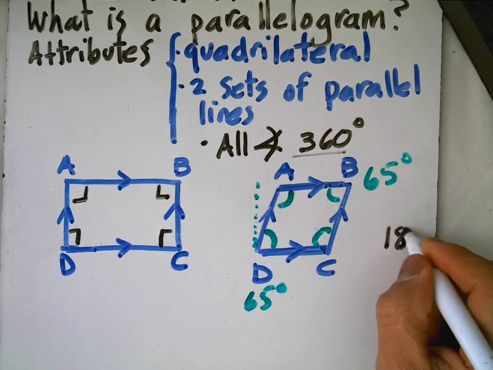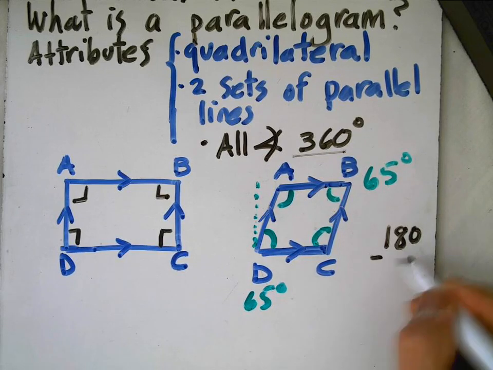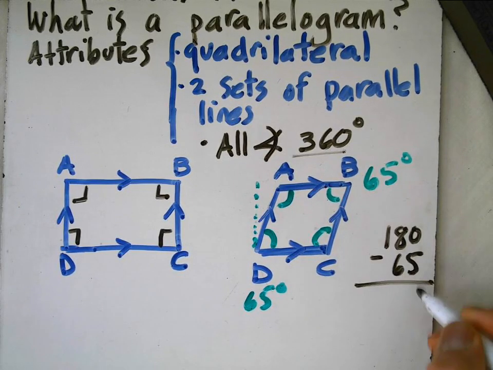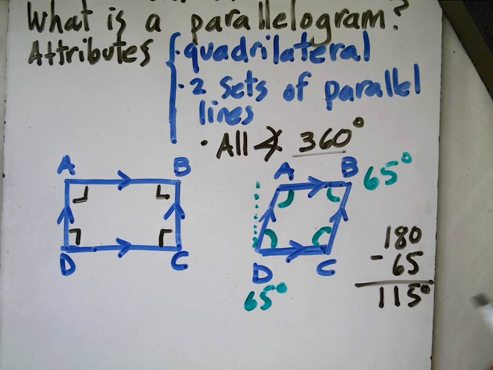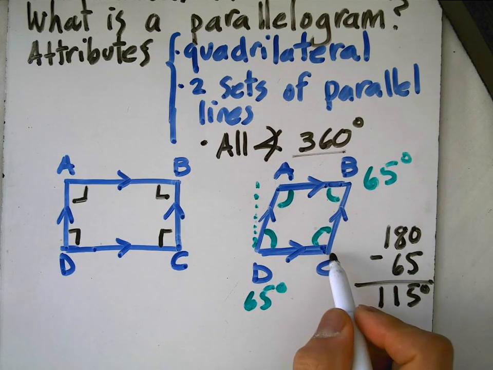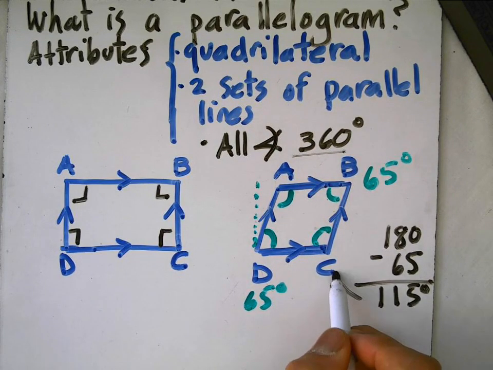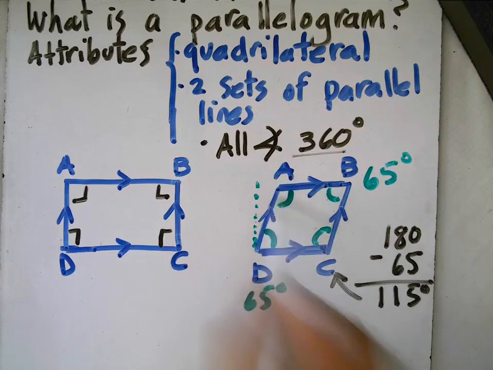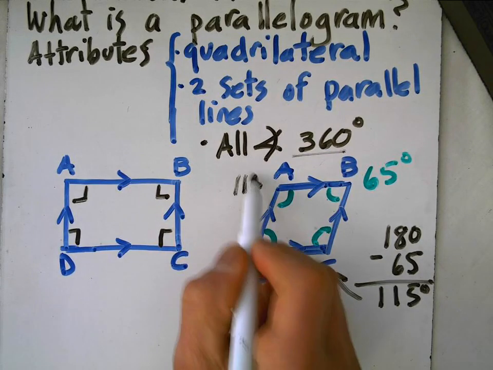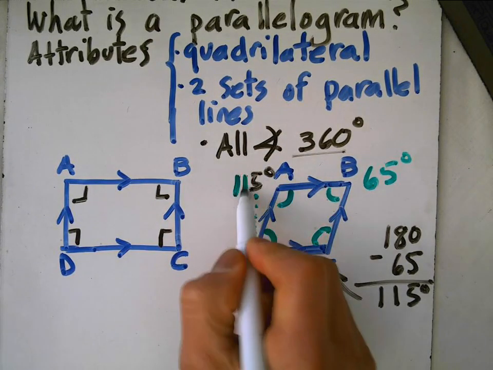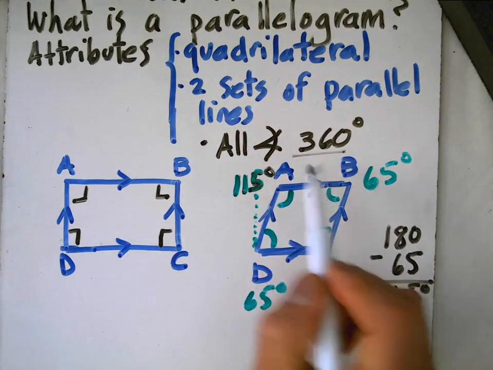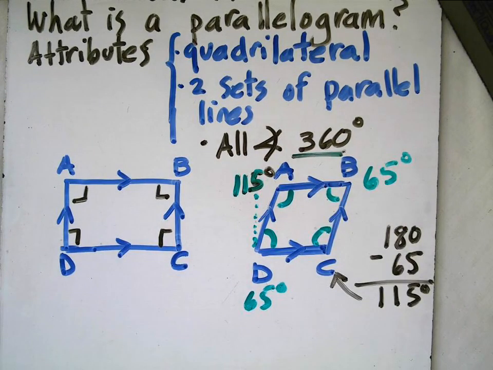So this is the math you need to do. 180 minus 65 equals 115. So this angle C will equal 115, and this angle A will equal 115 degrees. When you add all of the angles, when you total their value, it should equal 360 degrees.